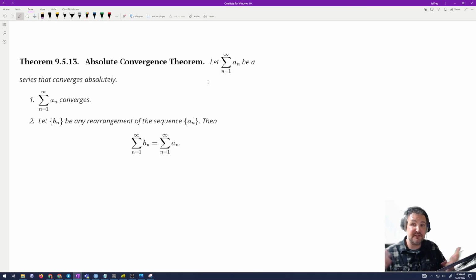Then you'll know that if you sum them up, you'll get the same thing as the original one. If it converges conditionally, you can't do this. And it can be shown that if you have a conditionally convergent series, you can actually rearrange the terms to sum to anything. Okay, so that's a famous result about absolute convergence, and one of the reasons we want absolute convergence, because we can rearrange the terms and get the same sum.